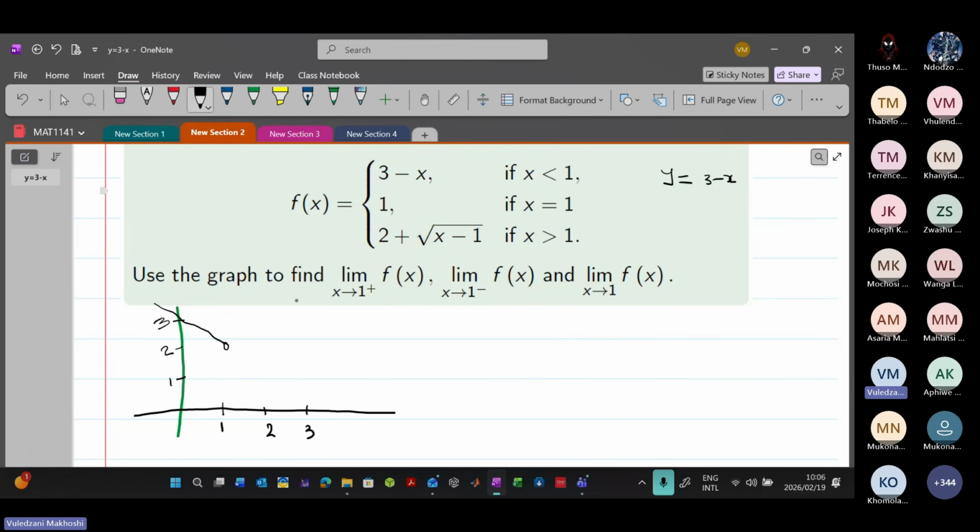Then they say we also have y equal to 1 when x equal to 1. So when x equal to 1, y will be 1. So this is just a point there. And furthermore, they say we have y equal to 2 plus the square root of x minus 1.